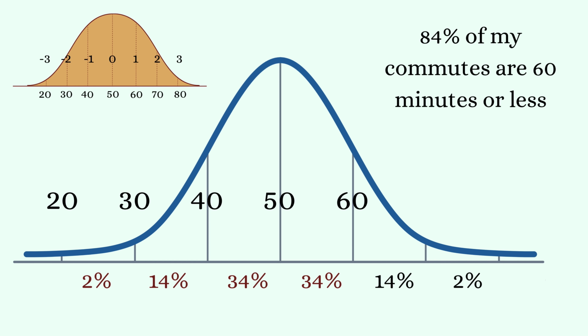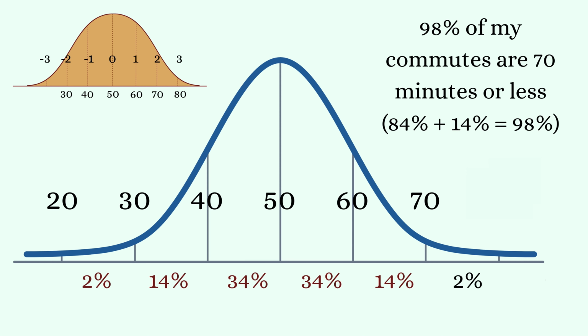I reach that number by summing over the percentages that encompass all the values leading up to my specific value of interest, which was 60 minutes. If I wanted to be even more cautious in my planning, I might allow for up to 70 minutes for my commute, because I know that 98% of my commutes fall at or below that time.